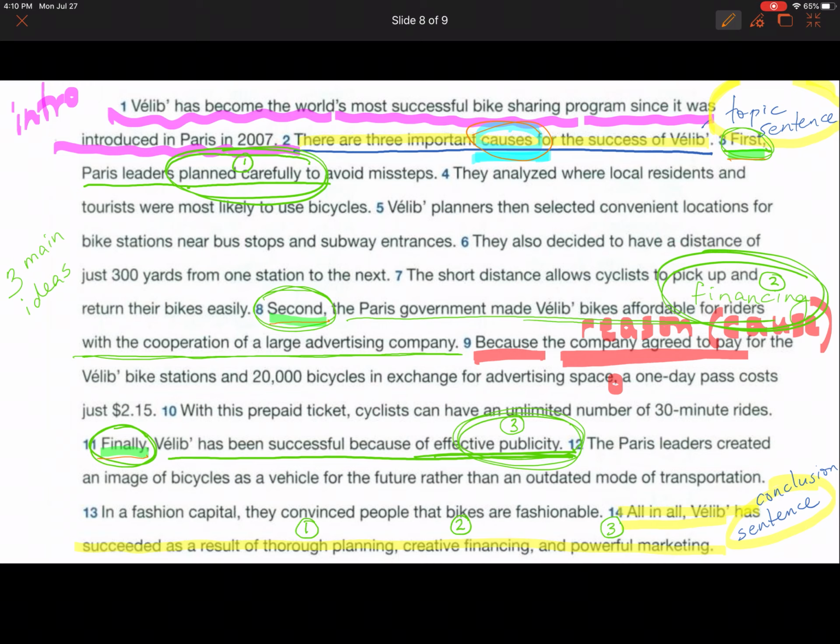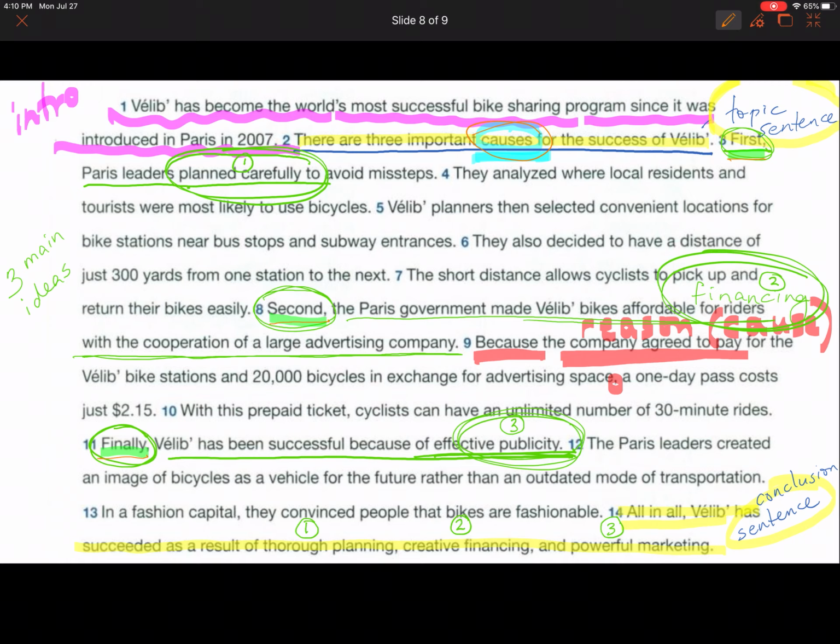So, I've highlighted it for you in yellow. It's sentence 14. All in all, Vélib has succeeded as a result of thorough planning, creative financing, and powerful marketing. You can see that the sequence or the order of ideas is the same as the paragraph. Okay? The conclusion, if you list your main ideas, it should follow the same sequence.